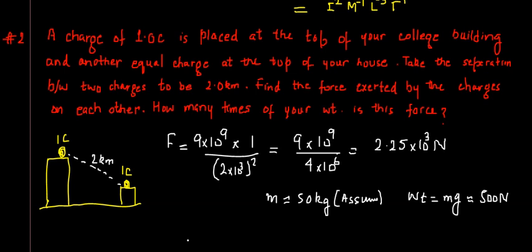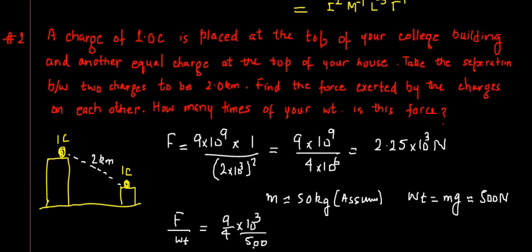So if you compare the force between these two 1 coulomb charges with the weight, then you will have 9 divided by 4 into 10 to the power of 3 divided by 500.